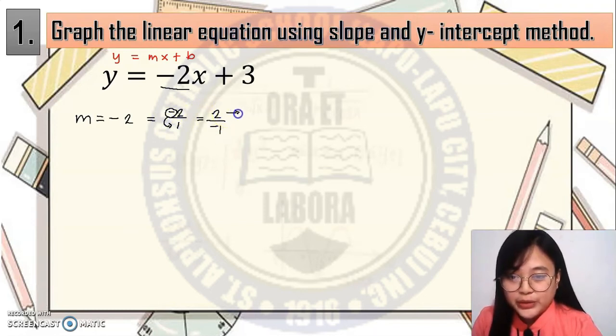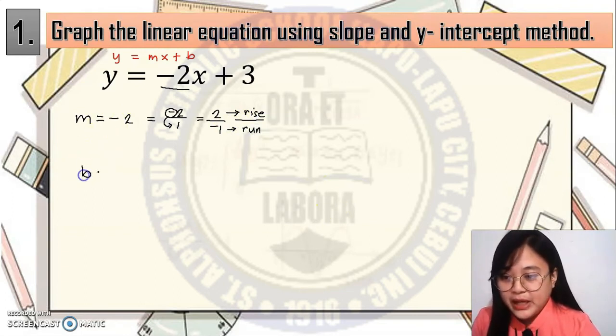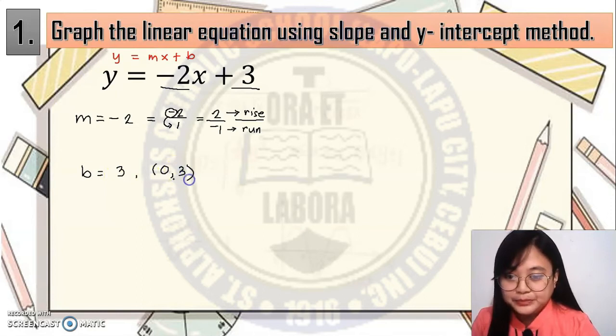Your numerator signifies your rise, and the denominator signifies your run. Next, you need to identify your b, and your b is positive 3. After that, class, you need to express that in ordered pair form, pairing it with 0 as your x, so the y-intercept is (0, 3).